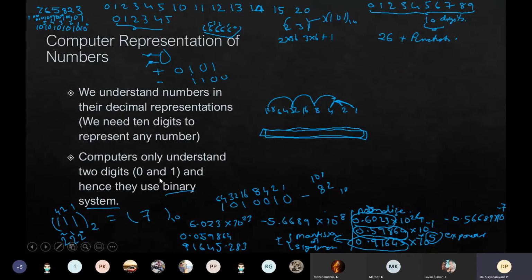There are only 2 digits, and then the place values are going to be, for example, if I tell you that this is a binary number.